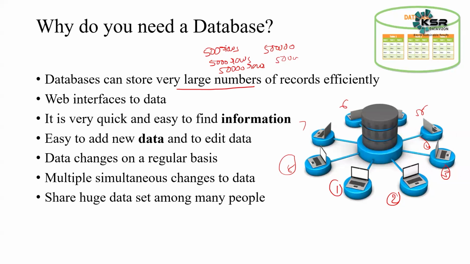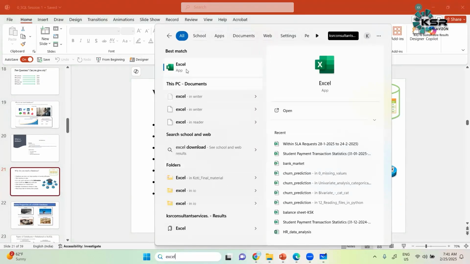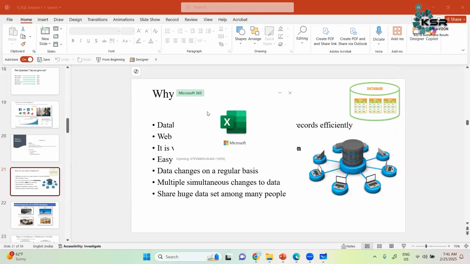Now the next question that comes to mind: if there is no definition of a large number, how many records can a database support? If you look at MS Excel, does anyone remember?